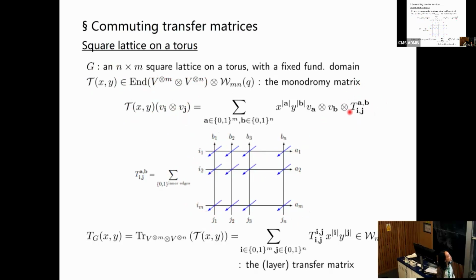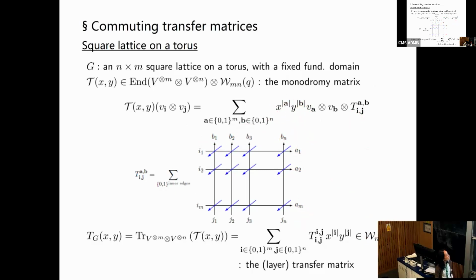So this T_ij^ab belongs to this space, the product of QY algebras. Then we add the information of the spectral parameter here, and X to this A means the number of V1 on these states, and this B, absolute value of B, means the number of V1 on these states, and so on.